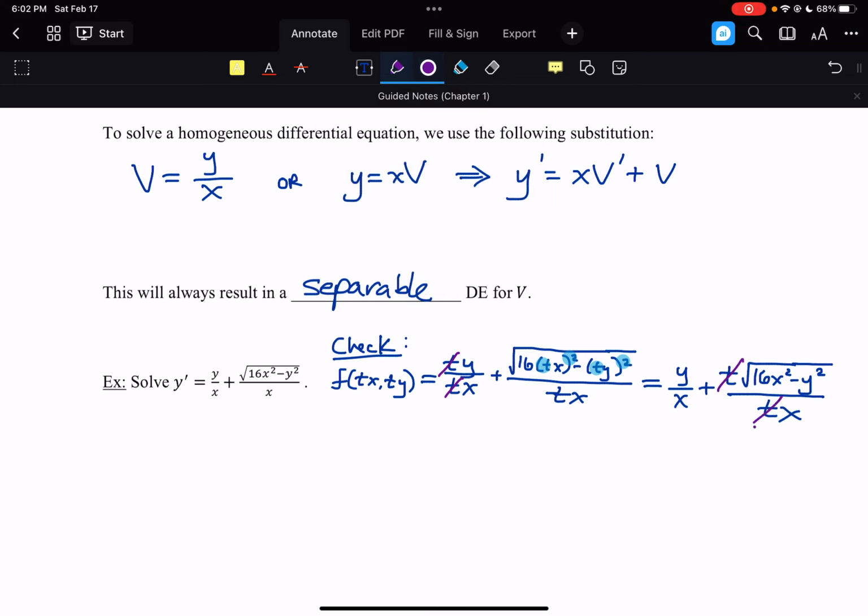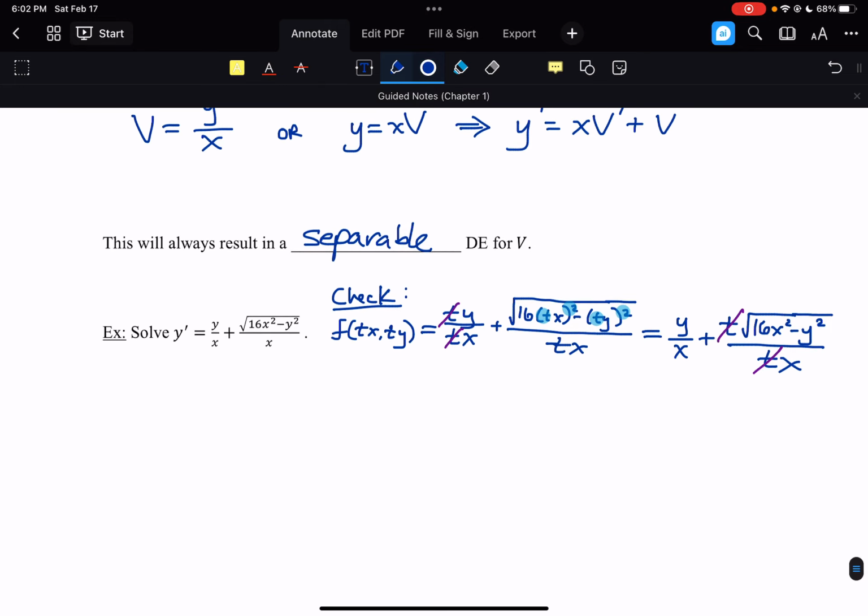And then, of course, those t's cancel as well. So the result, we get y over x plus the radical over the x, which is the original. So this one is homogeneous.